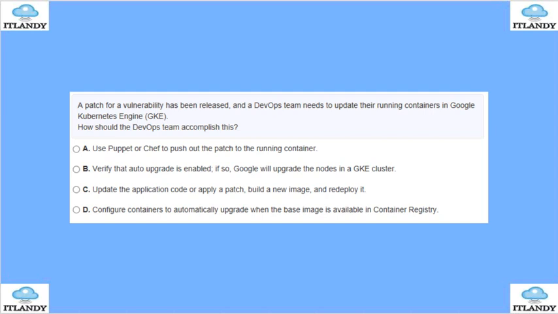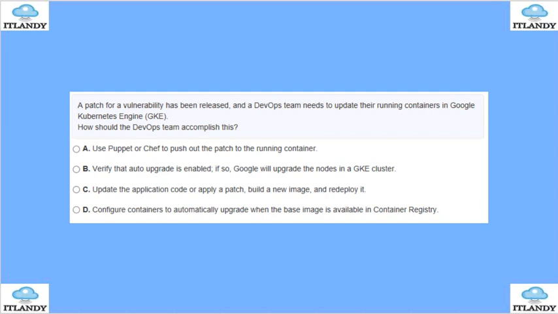This is unacceptable. Typically, when you update containers, best practice is to verify that auto upgrade is enabled. That will take care of the vulnerability, because we are talking about security and vulnerability. So it's better if we have auto upgrade enabled.